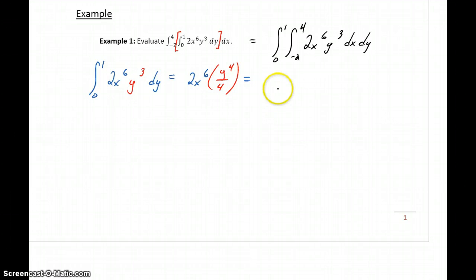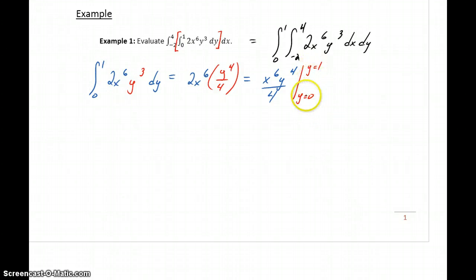Or what we would get here is x to the sixth, y to the fourth over 4. And then we want to evaluate that from y equals 0 to y equals 1. So again, we need to pay attention here that we integrated with respect to y, meaning it's the y variable that's changing from 0 to 1.